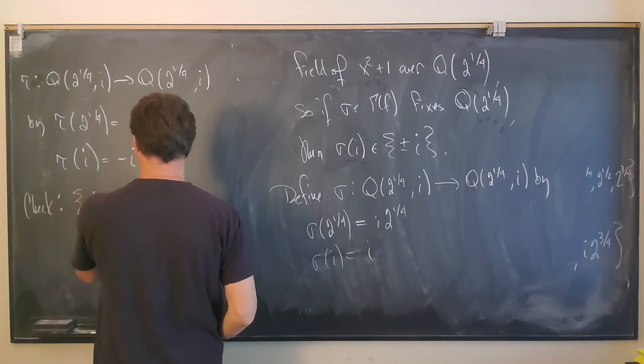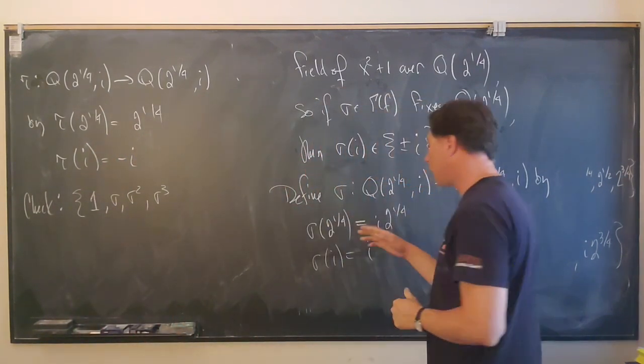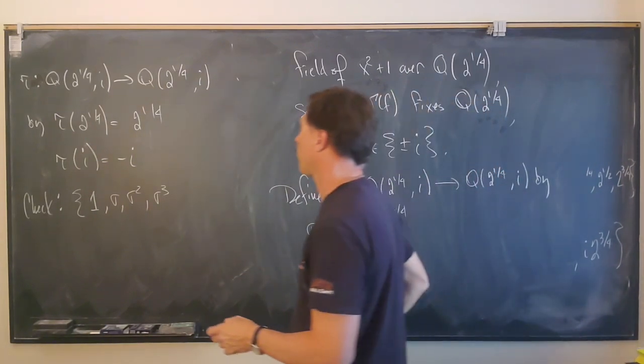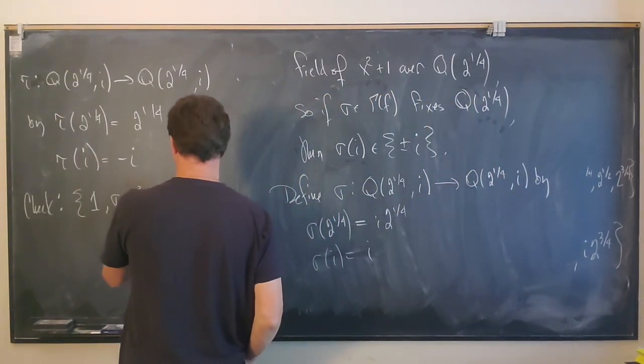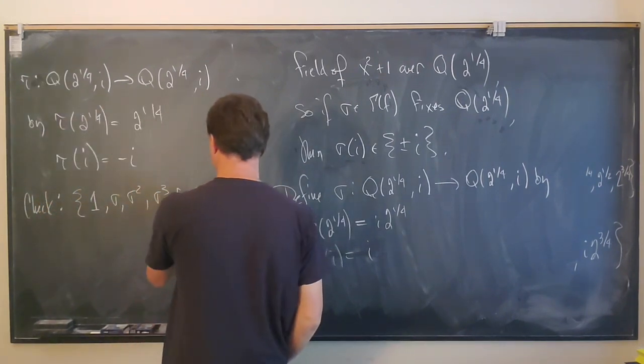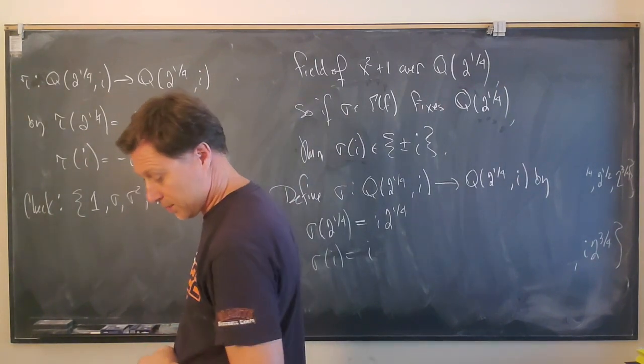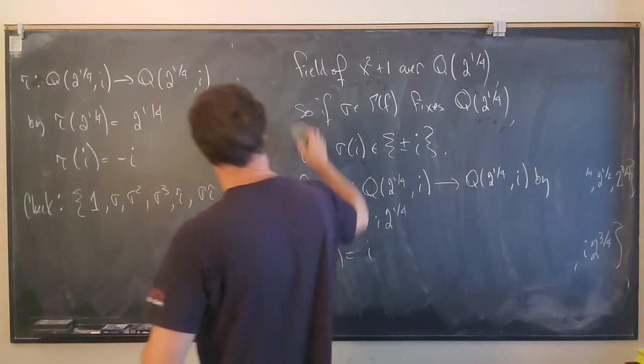So sigma squared, sigma cubed. You can check pretty quickly that sigma is an element of order 4. And then tau, I'm going to multiply, okay, sigma tau, tau sigma, and sigma squared tau.